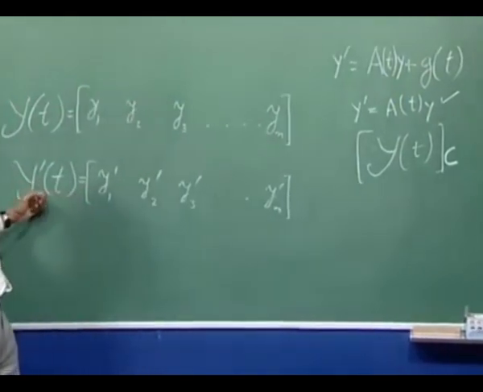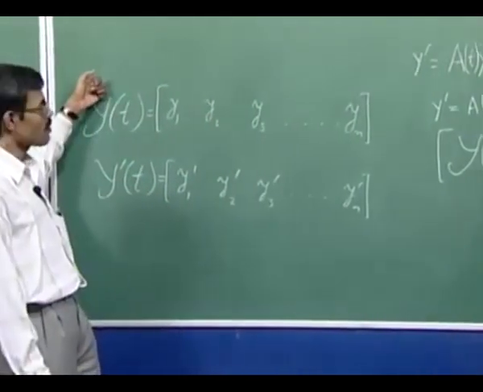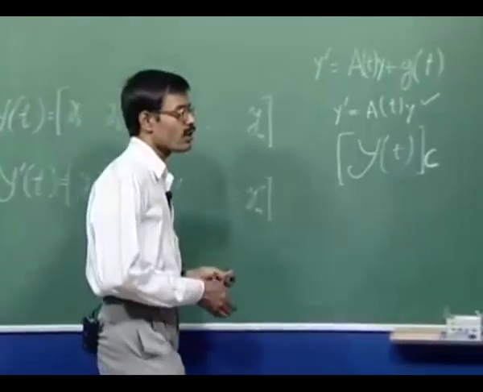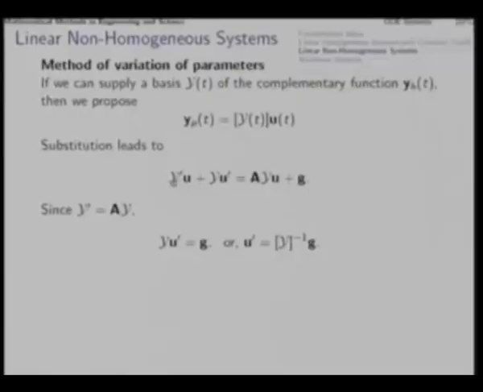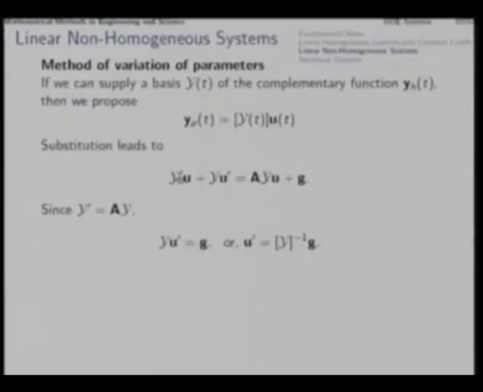So, that means y prime is A into this matrix y. So, in this equation here, y prime u will cancel exactly with A y u, because this entire matrix y prime is nothing but A into this matrix y. So, this term and this term will cancel out, okay.